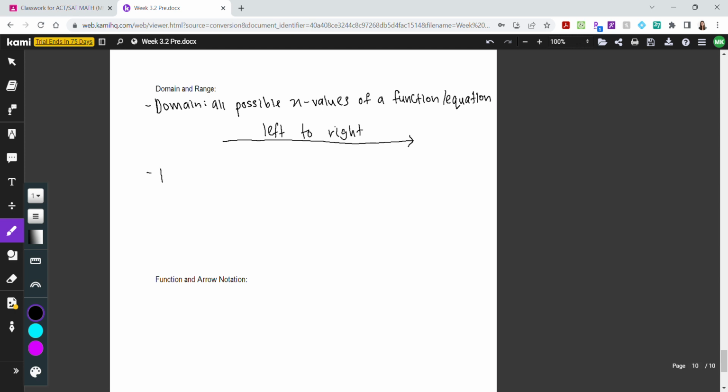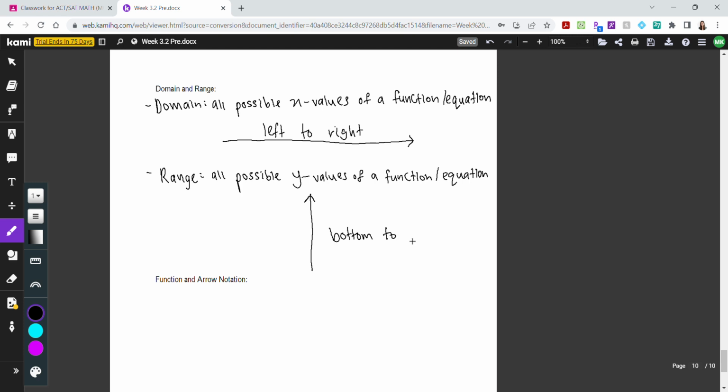Now, range, on the other hand, is all possible y values of a function or equation. All right. And with range, we're actually going to look from bottom to top.